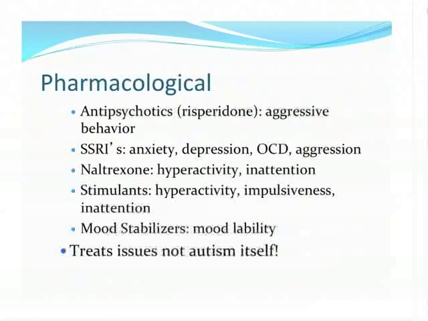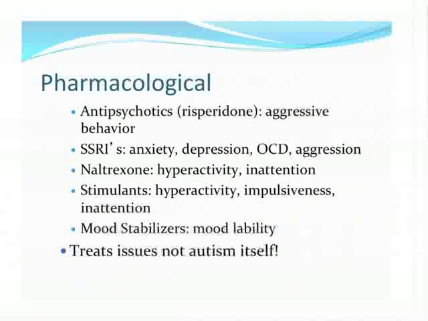Other types of pharmacological approaches are medications that are used to address hyperactivity or impulsiveness. That could be either naltrexone or other stimulants such as Ritalin. Again, these aren't treating autism itself, simply treating the hyperactivity and some of the inattention that we, not always, but sometimes see in individuals with autism.